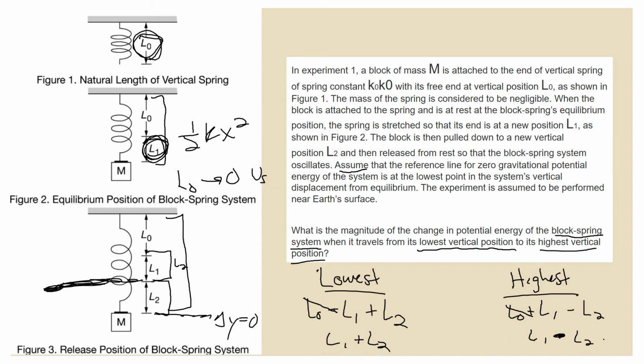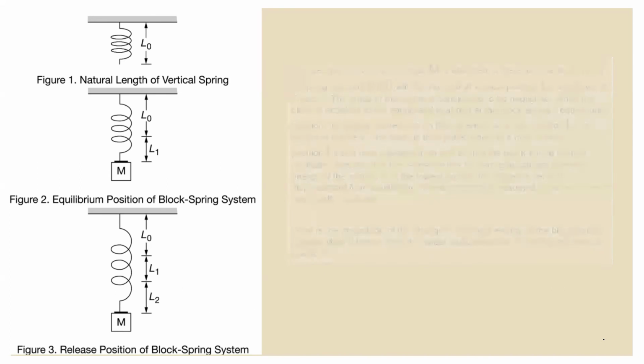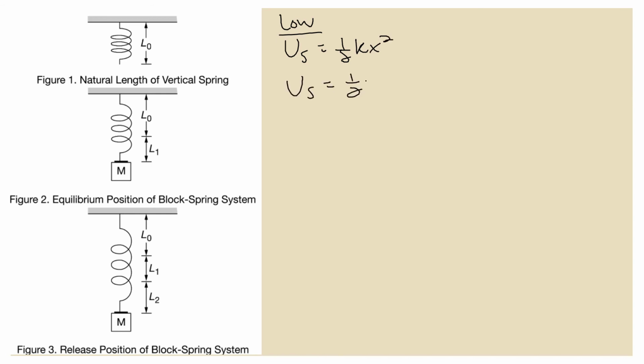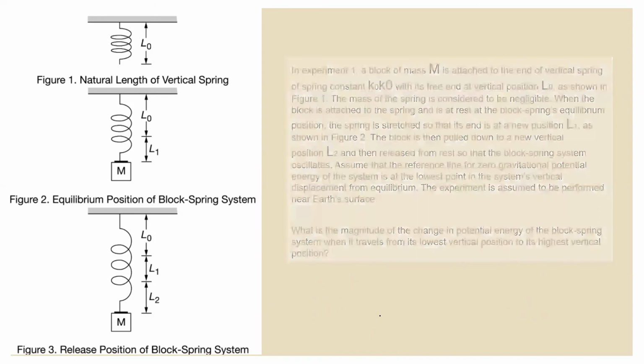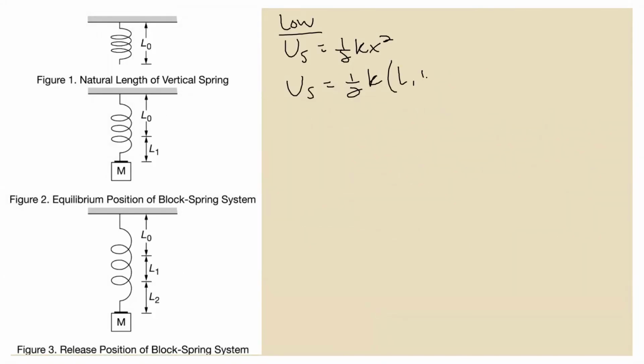And so now we're ready to solve this thing. It ends up being a total pain, but we can solve it. The first thing to realize is that we have to consider the system at its lowest point. So if we consider the system at its lowest point here, the equation 1/2 kx squared turns into 1/2 k times that distance that we had here, L1 plus L2. And then we've got to square that.